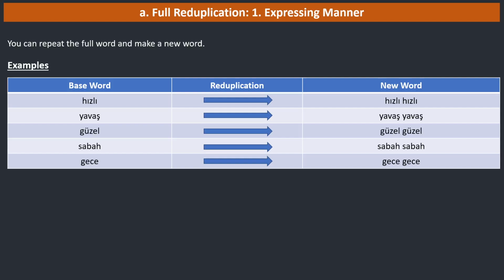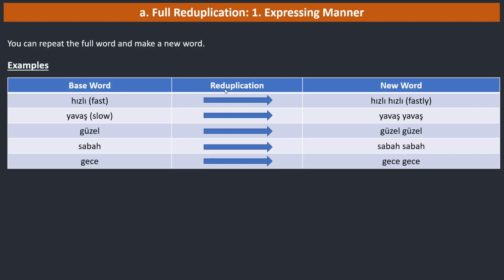So we have hızlı here, which means fast, and you make a reduplication and it becomes hızlı hızlı. In the new word, it means fastly. It becomes an adverb. You do something fastly. And then yavaş, which means slow.